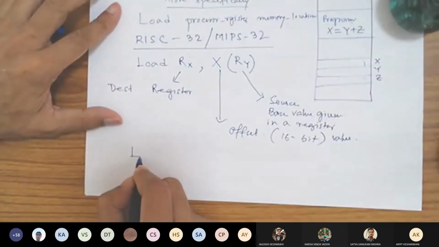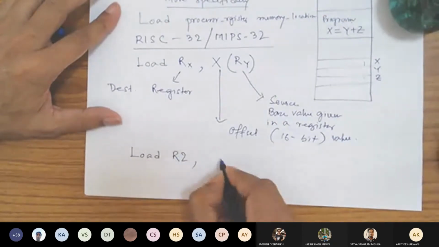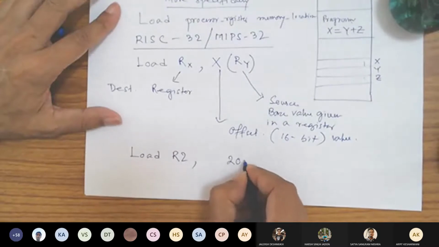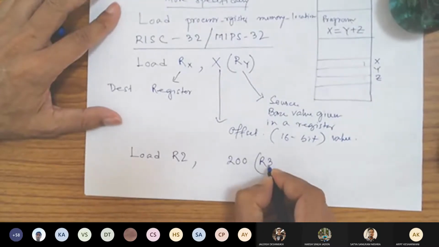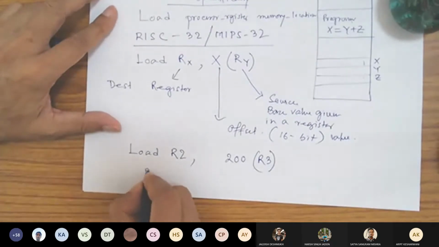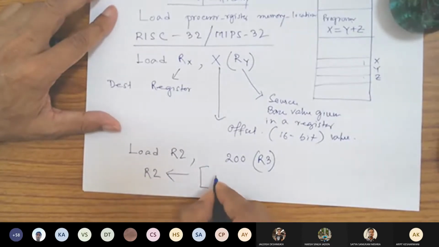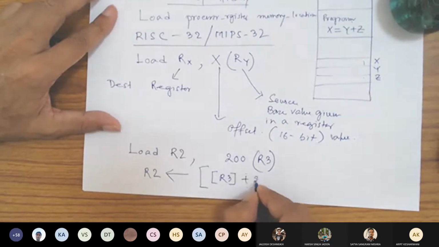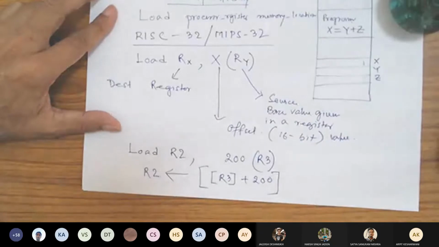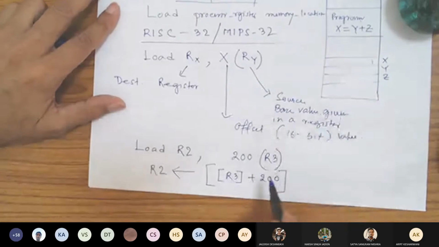So how can I write it? An example: load R2, comma, 200(R3). What does it mean? It means the content of R2 is loaded with a value that is stored in the memory location given by this. This is the base register.